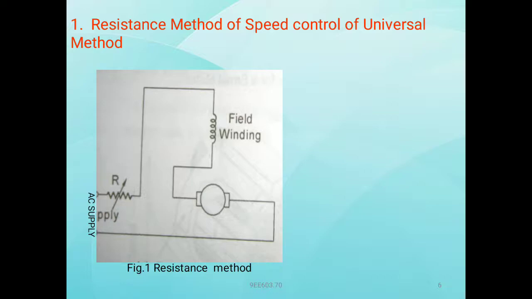So this resistance is connected in series with the motor, and this method is called the resistance method of speed control of universal motor.